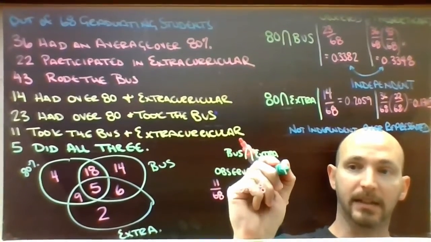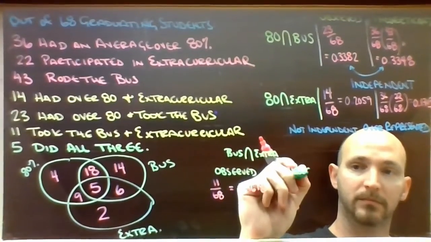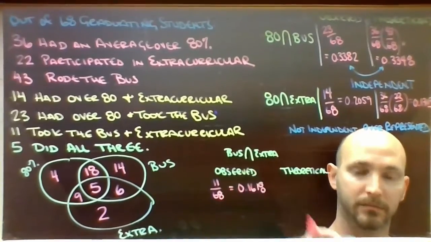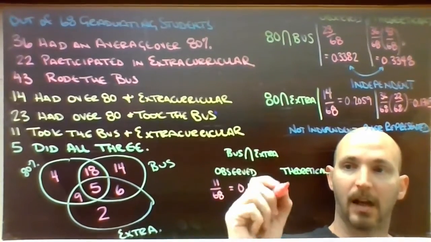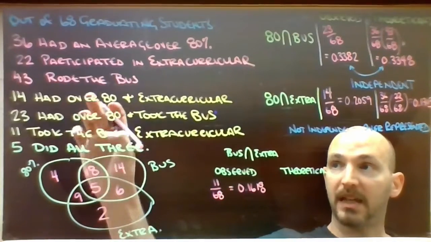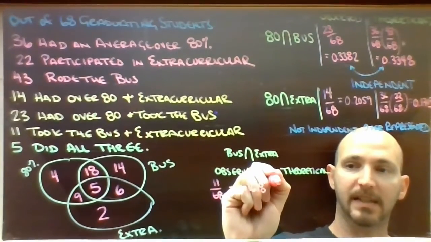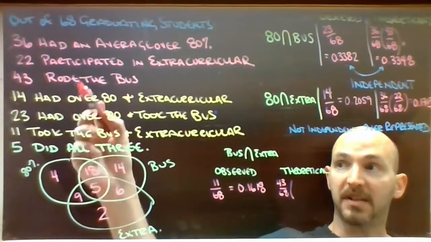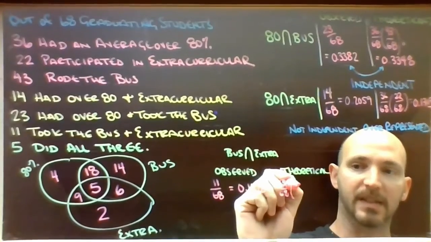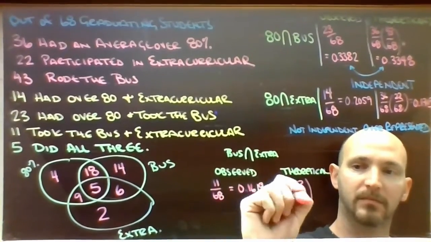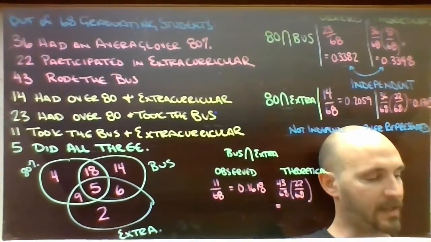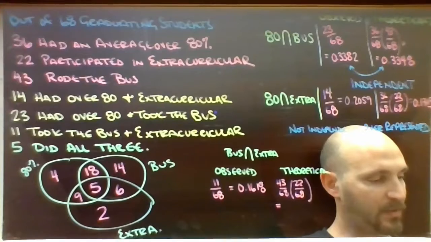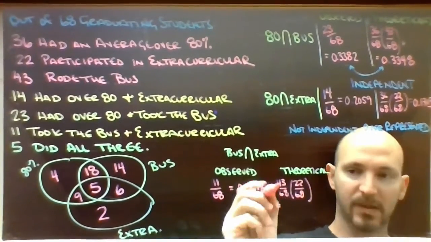And theoretically, I should be able to take the probability of being on the bus, that's 43 out of 68, and participating in extracurricular, which is 22 out of 68. Let's see what that gives us. 43 out of 68 times 22 out of 68 gives us 0.2046.